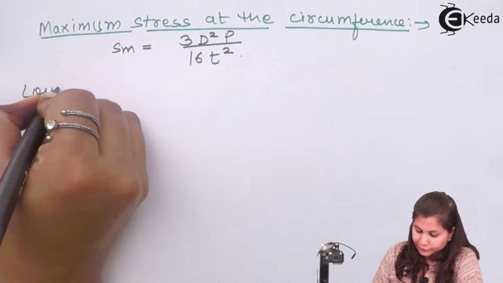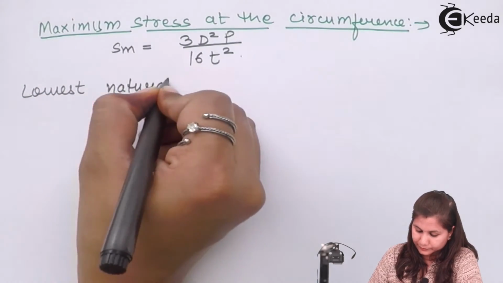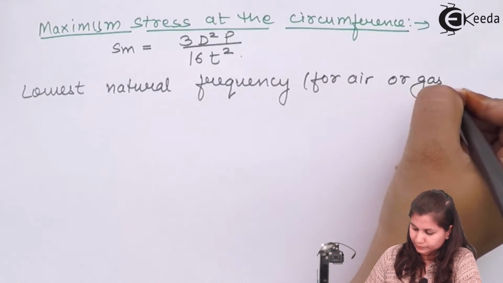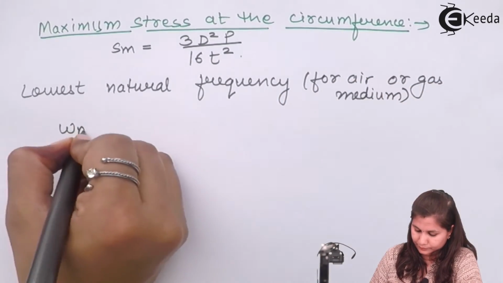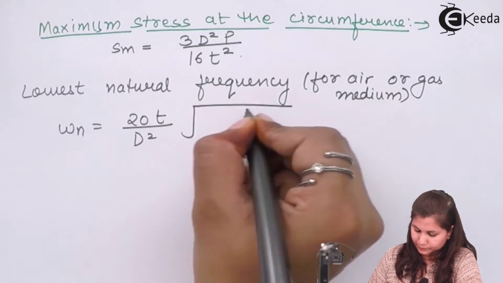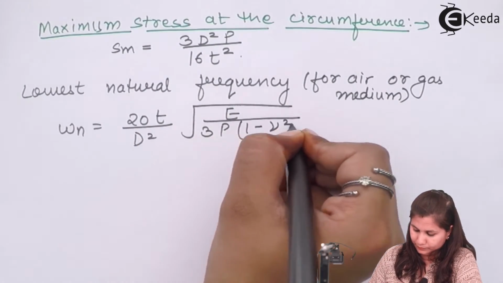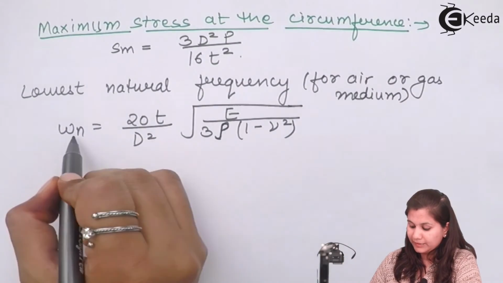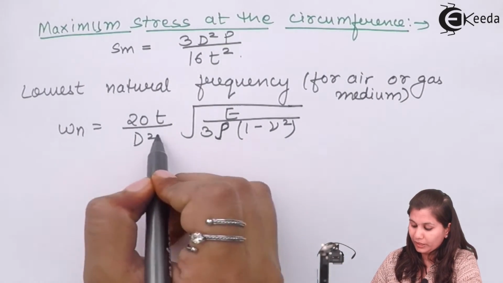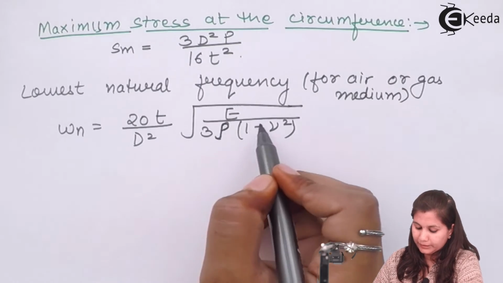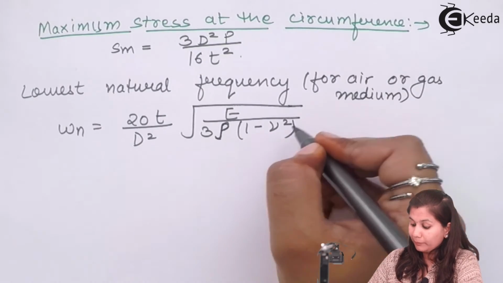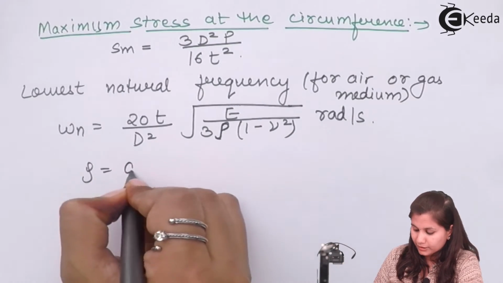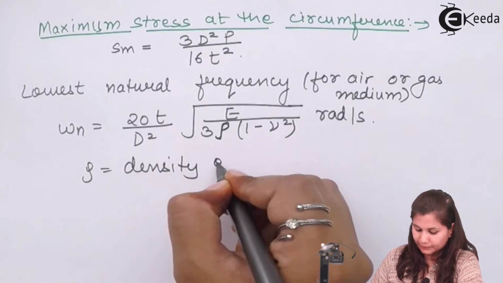Now the lowest natural frequency for air and gas medium is given by 20 T upon D square, under root of E upon 3 rho multiplied by (1 minus V square), radians per second, where rho is the density of the diaphragm material.